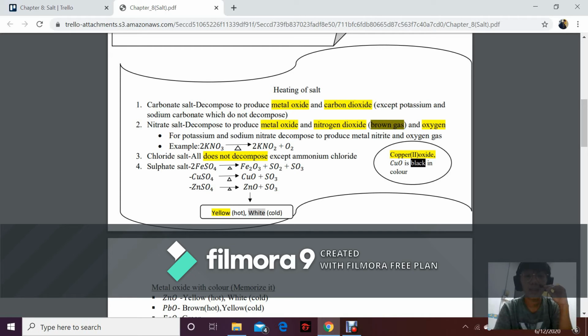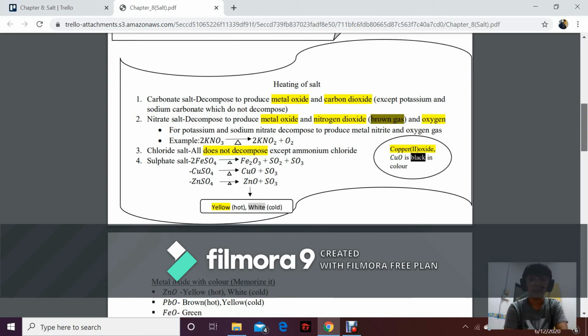That is two tips for you to recognize the heating of salt. Sometimes the question will say when the salt is heated, carbon dioxide is produced, meaning the salt is carbonate, with CO3 2 negative. If nitrogen dioxide is produced, the nitrate ion is there, meaning NO3 negative.